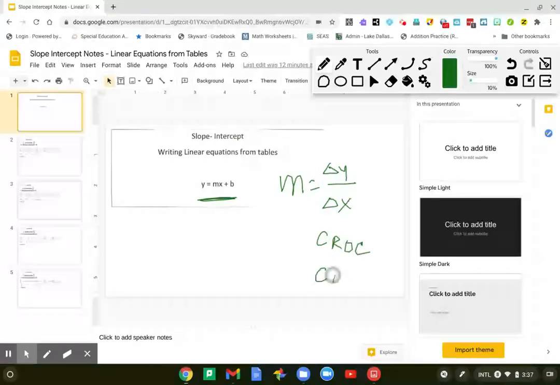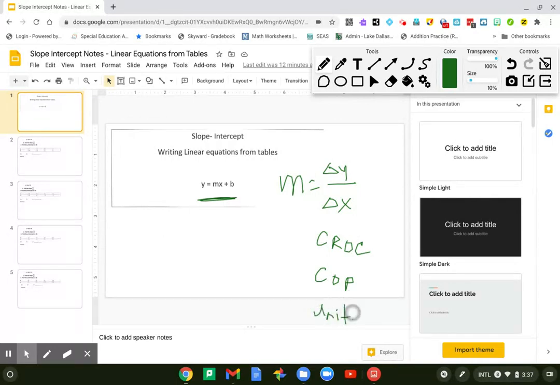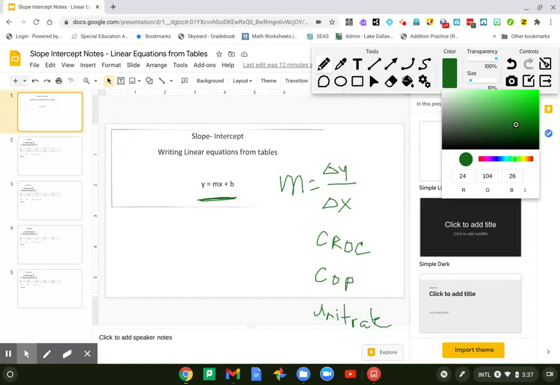It's also the constant of proportionality. It's also unit rate. It's also rise over run. It's all kinds of different things. You guys practiced with that this last week.